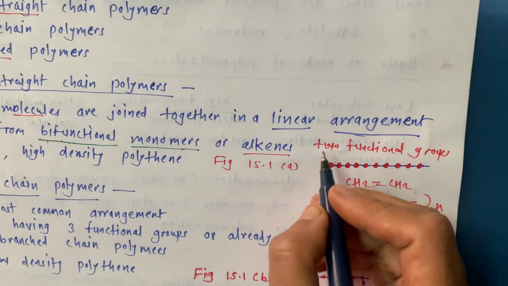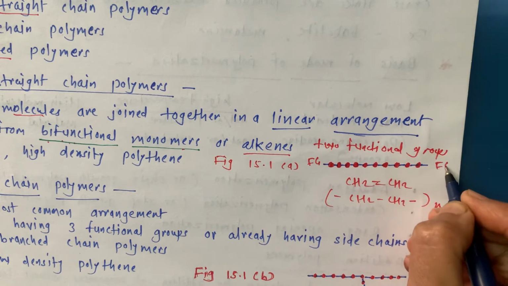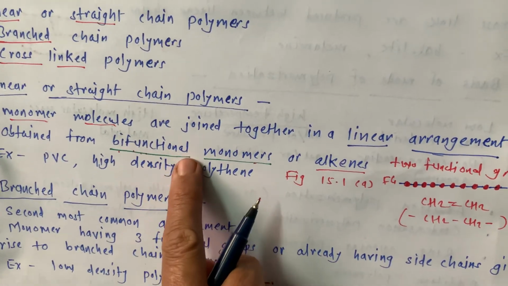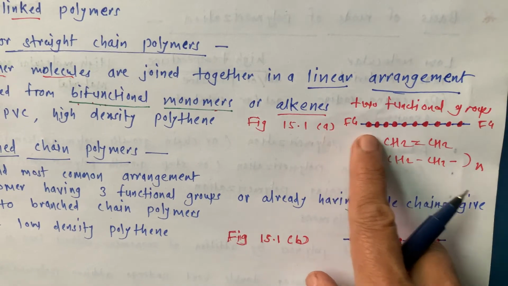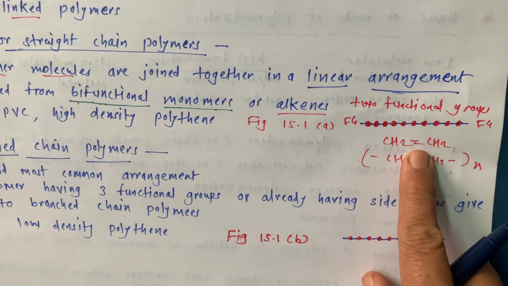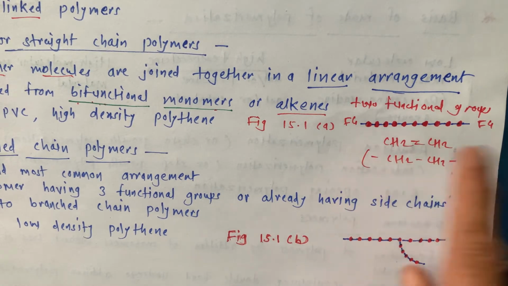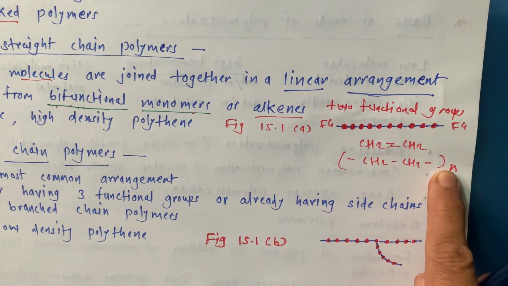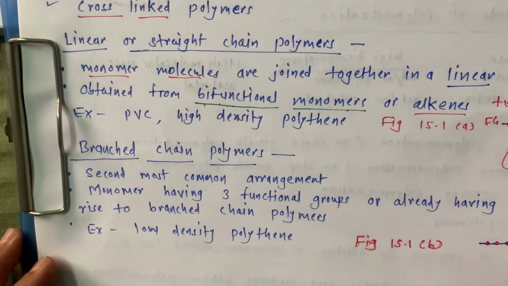With two functional groups, one here and another here, this is a bifunctional monomer, and we can make a chain like this. Or if there is a double bond, an alkene, we can also form a straight chain polymer.